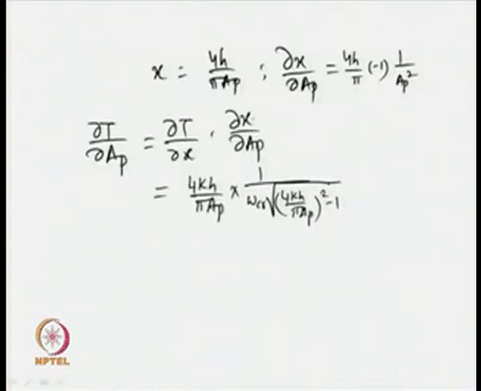Okay. And del x upon del a p is given by 4 h minus 4 h due to this, minus 1, minus 4 h upon pi a p square, which is giving us minus 16 k h square, where x is 4 h by pi a p.